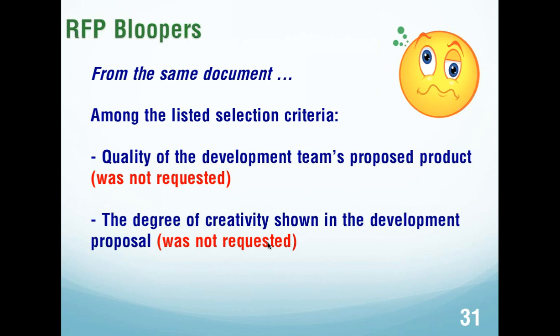But in the actual required submission, none of those things or a couple of those things weren't actually requested. So then the respondent, the developer or whomever it is, is trying to figure out, okay, how do we let them know that we qualify with these things, but they haven't asked us to put it in the document anywhere. So it can be kind of confusing and complex.